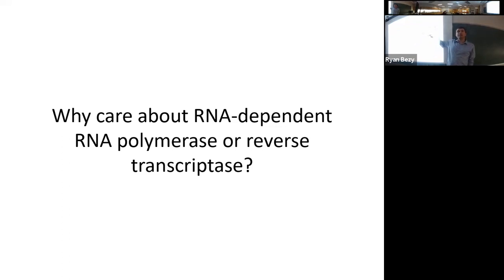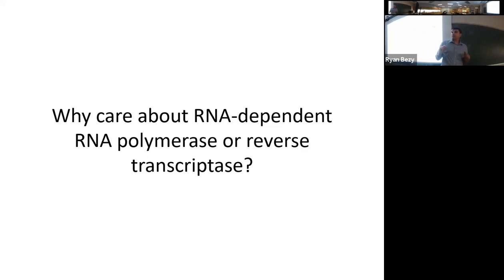Do human cells make an equivalent of either RNA-dependent RNA polymerase or reverse transcriptase? No. These are virus-specific proteins. RNA viruses make RNA and use RNA-dependent RNA polymerase. It's essential for that, but humans don't have this enzyme.